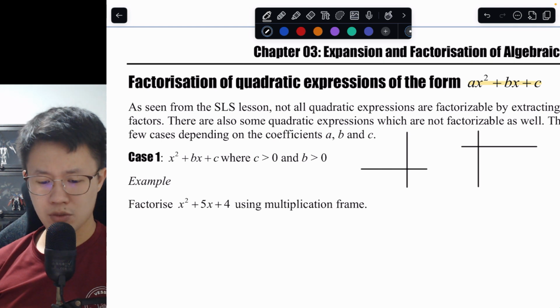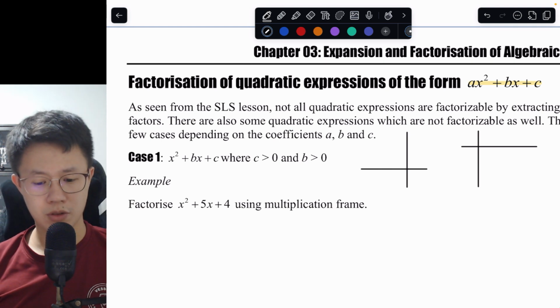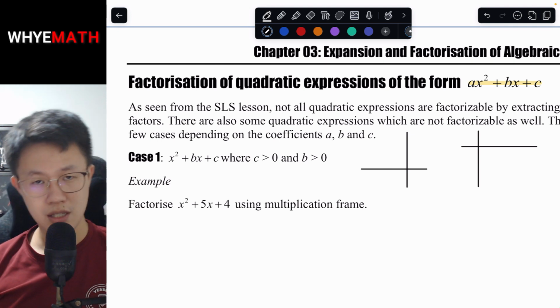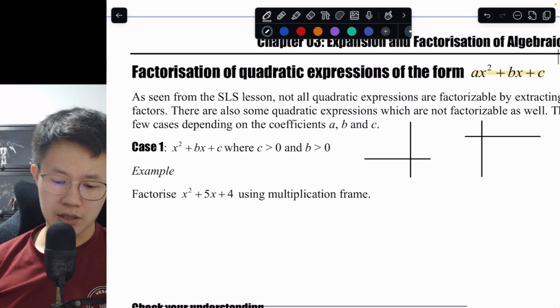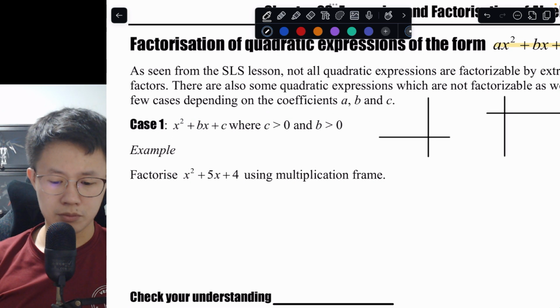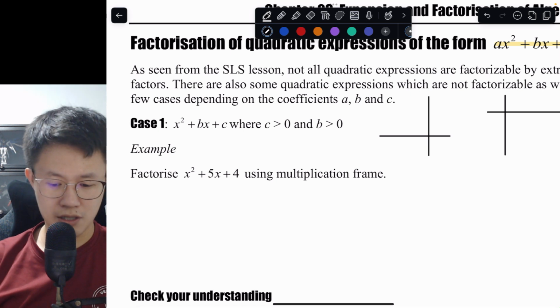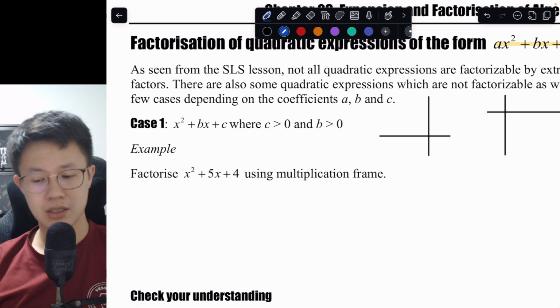The first case is where you have a quadratic expression in the form of x squared plus bx plus c, where you have a coefficient b and a constant term c that is a positive number. Simply factorizing this means that I would like to get something times something.